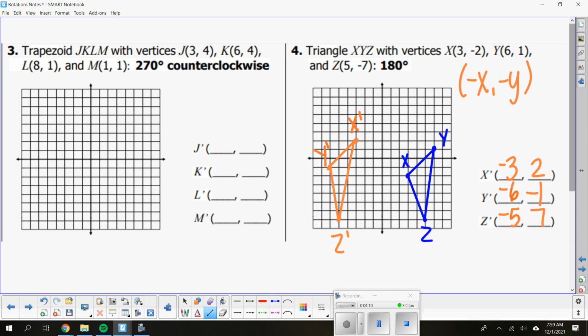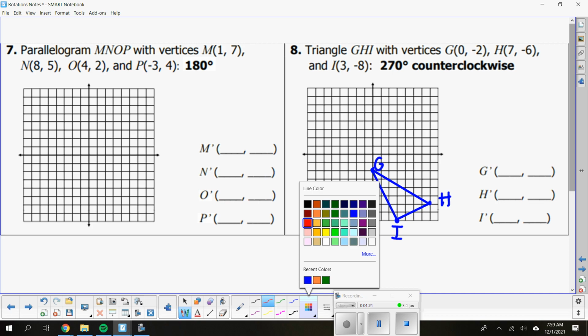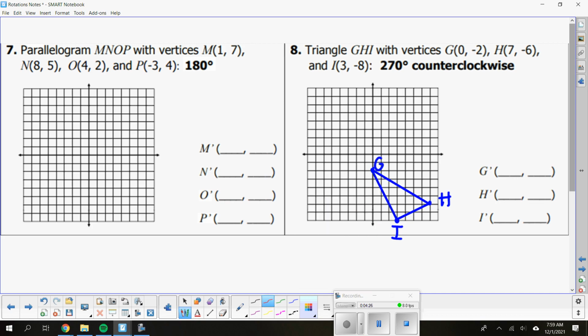All right, and then the last one that we're going to do is number 8. So we're going to turn to page 6. Go ahead and pause the video and plot the original one. All right, so it wants a 270-degree rotation. So that says to flip your x and your y, and then just change the sign of your x value.